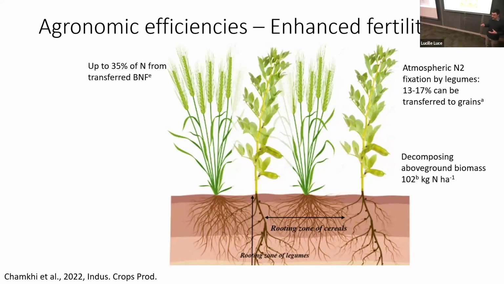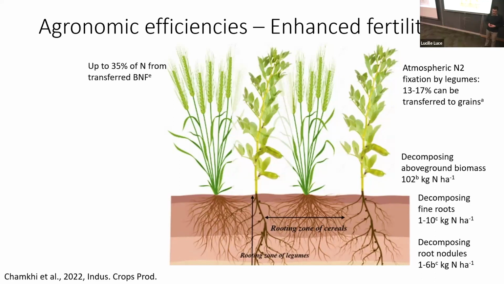But the mechanisms are kind of tricky to track as well. This nitrogen can come from the decomposition of the above-ground plant tissues of legumes, which can be decomposed and nitrogen can be made available for the cereal crop. Roots and actually the nodules themselves contain nitrogen that can be decomposed and made available to the grain crop.